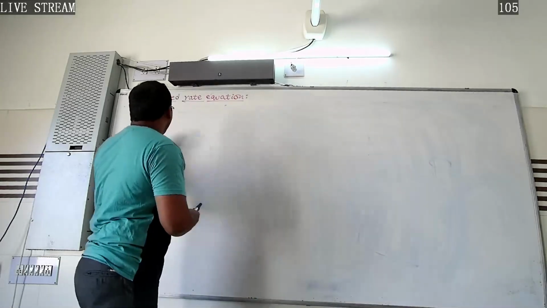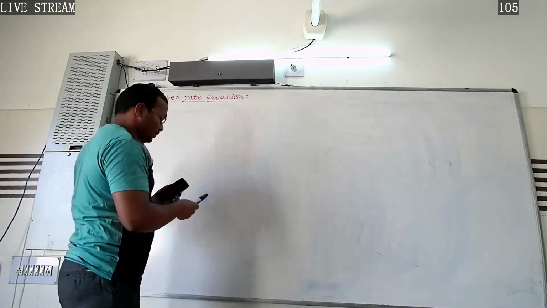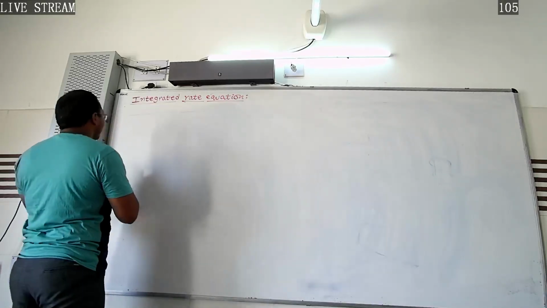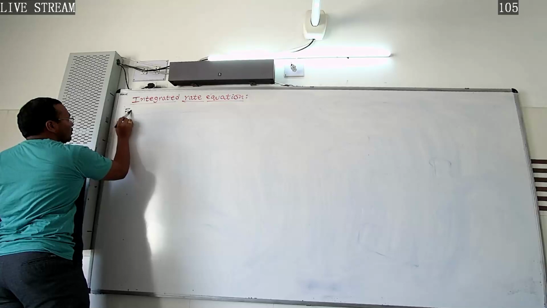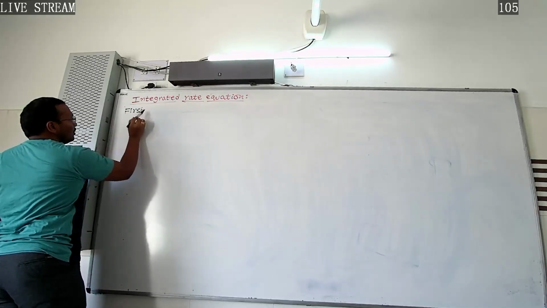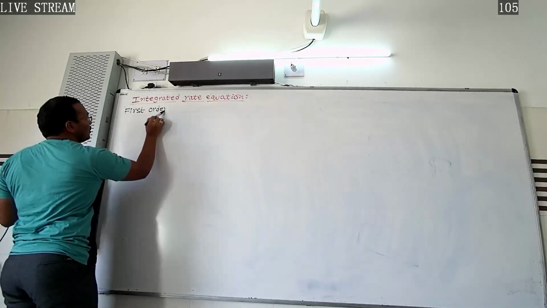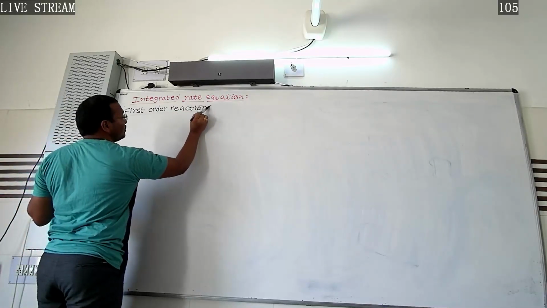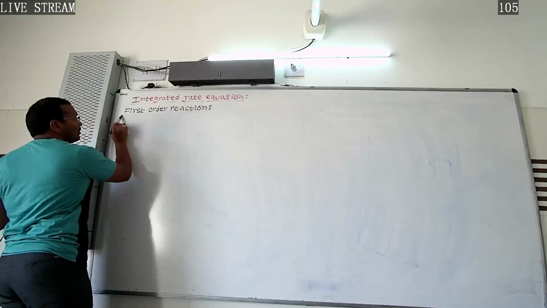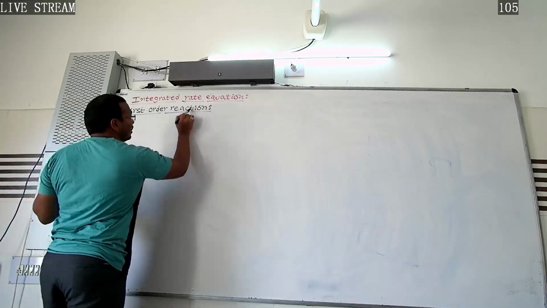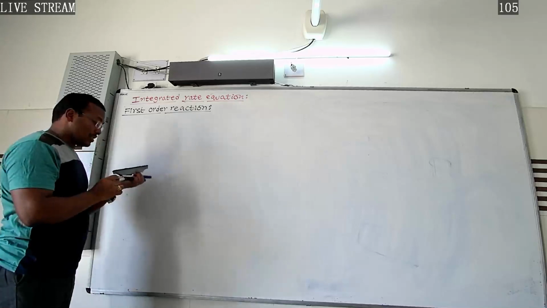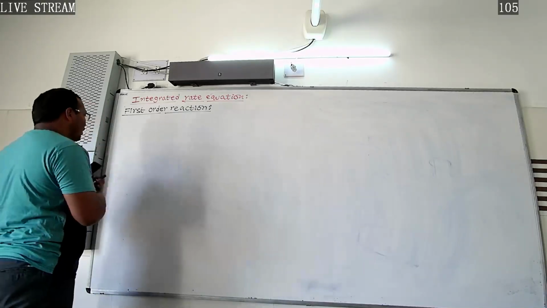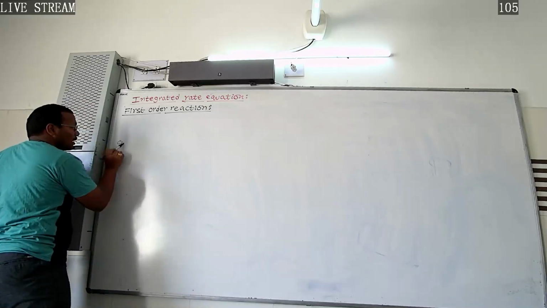So now after this, it is first order reaction. What do we have to derive for this one? For this first order reaction, we have to derive the expression of rate constant, the K value. The definition I will write afterwards. First you see the derivation.